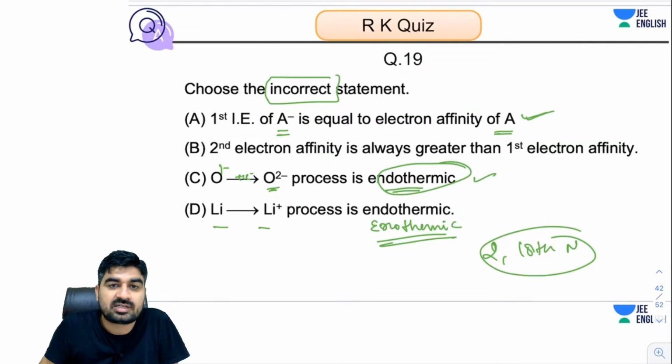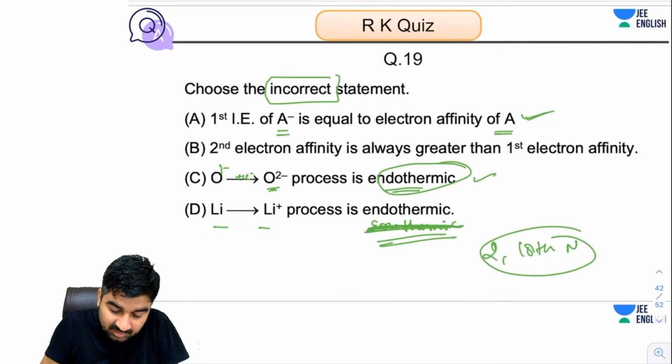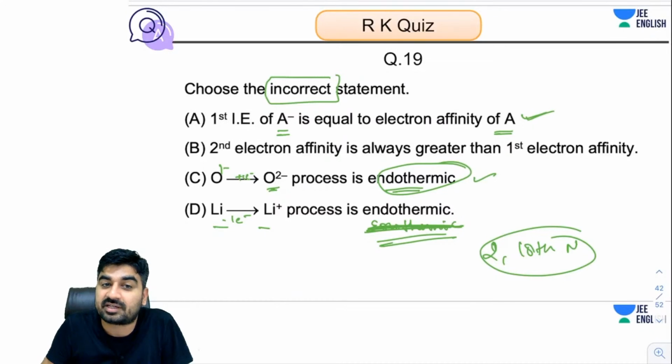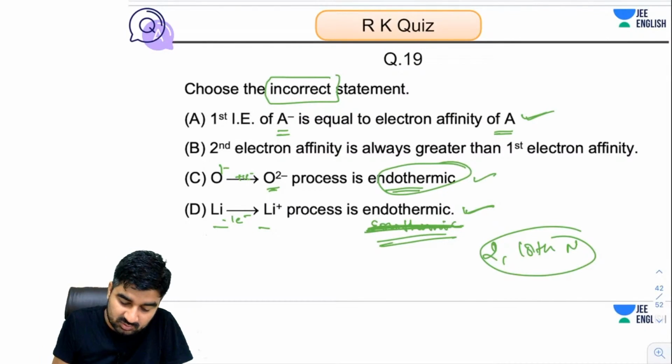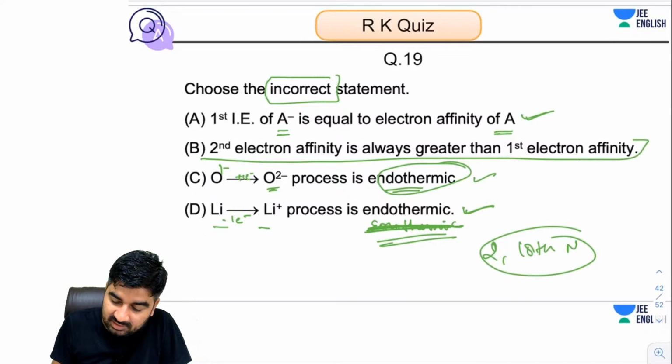So energy will be released in the absorption. So here it will not be exothermic. Here we are removing one electron, so basically ionization is taking place. Okay, I thought it was electron gain enthalpy. So ionization, it is endothermic. It is also true. So now you have to check: second electron affinity is always greater than first.